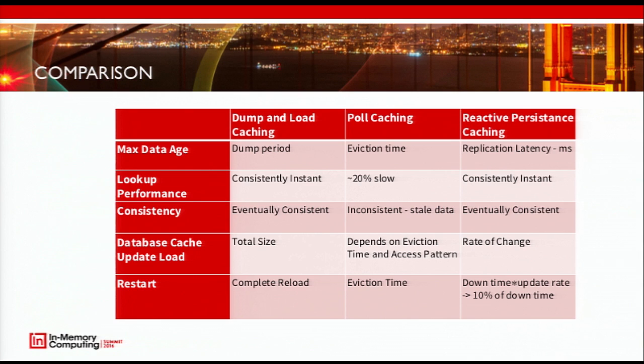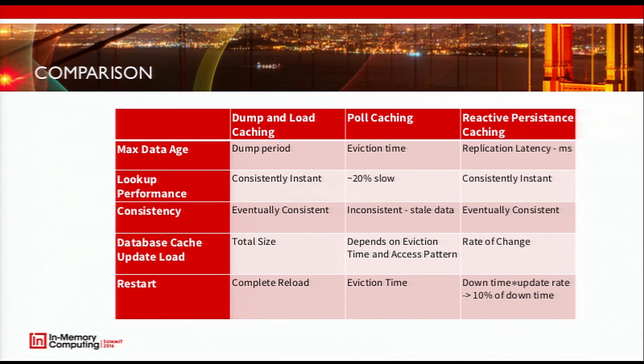Okay, poll caching, it depends on the eviction time. If you let it run on the side without using it, it will successfully build up your entropy in your cache, so it will become better, and then you can switch it in. But an interesting feature with this reactive persistent caching is that it's only proportional to the time you were down and the rate of change. And usually that's about 10%.